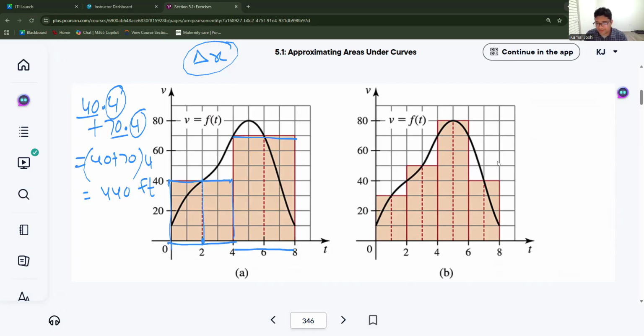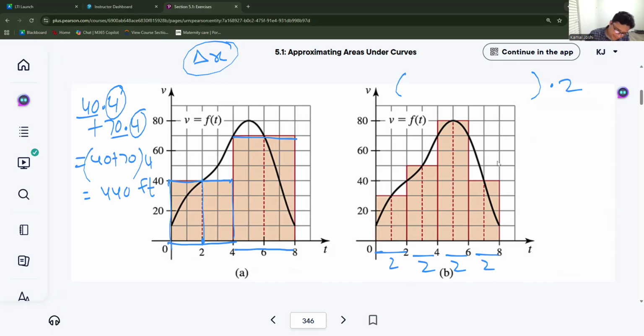Let us see what happens when we take four subintervals. On the right side here, like before, let me add up everything and multiply by 2, because each subinterval has length 2, and there are 4 of them, right?